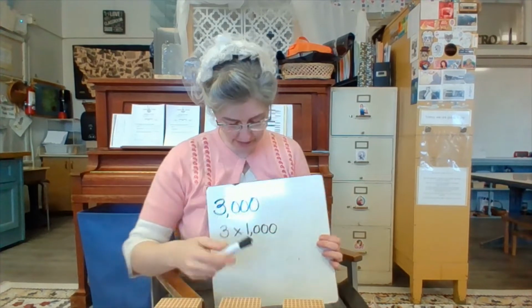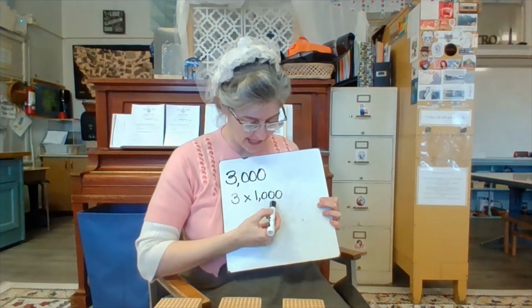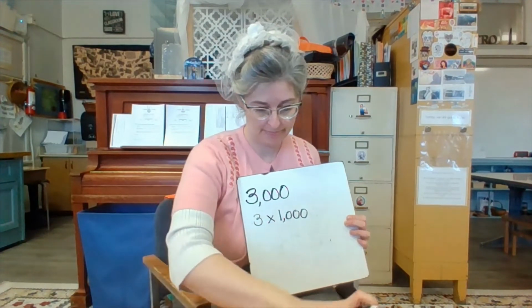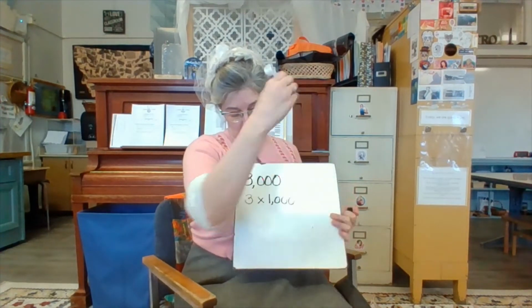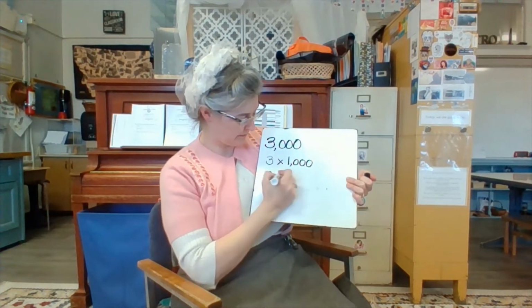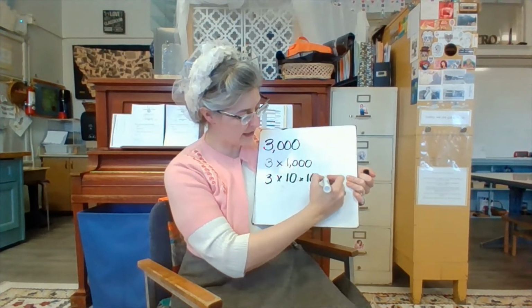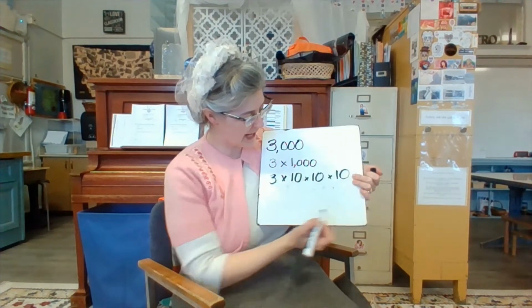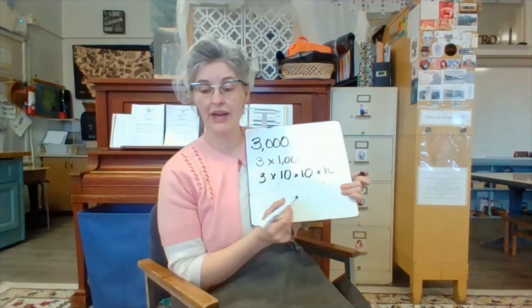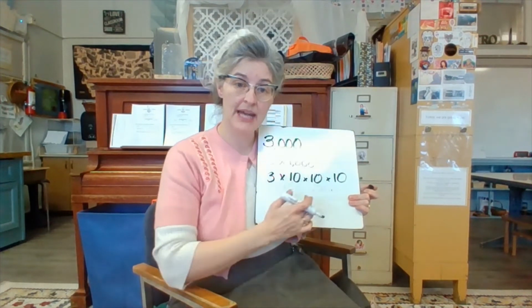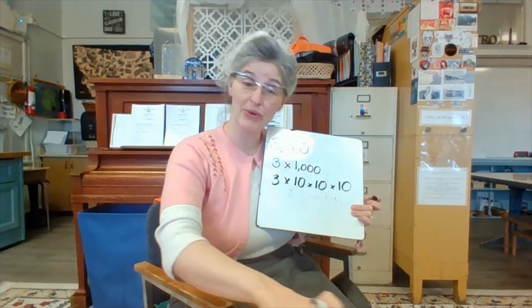So if I break this apart, I can see that I have 3 times 10 times 10 times 10. So that's 10 times 10 times 10, and then I got 3 of them.